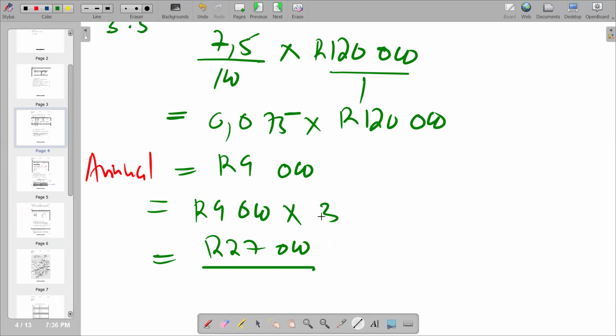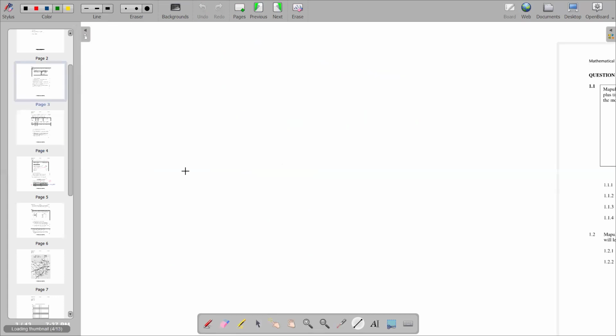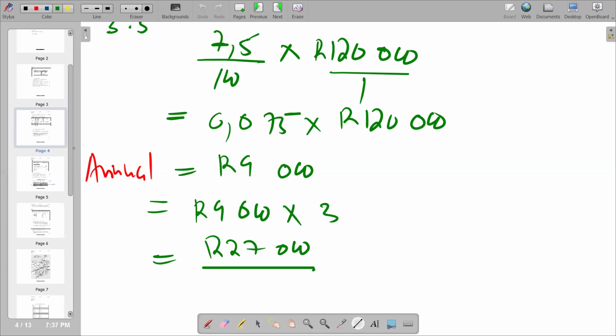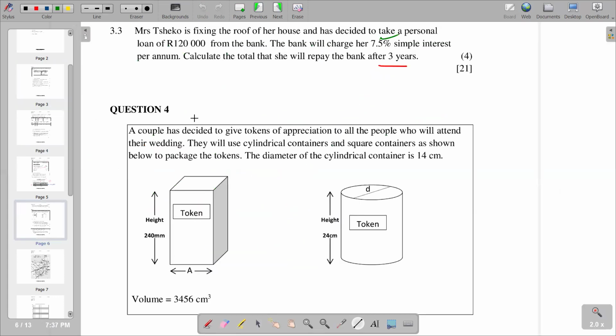So this becomes what we have on the last calculation on simple interest. So with that, we can refer back to the question to see what exactly the question requires us to do. So the question says, calculate the total she will repay the bank after 3 years.